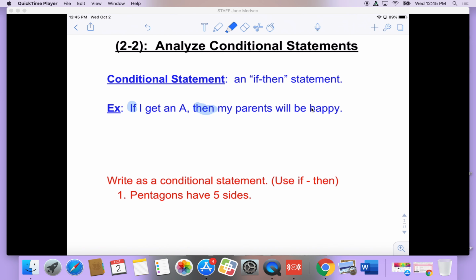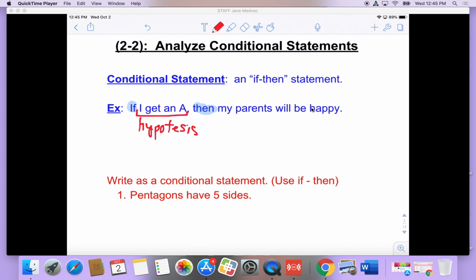Now, the first part of a conditional statement, it goes from the if and goes to the then. That is considered the hypothesis. So that's the hypothesis part of the conditional statement.